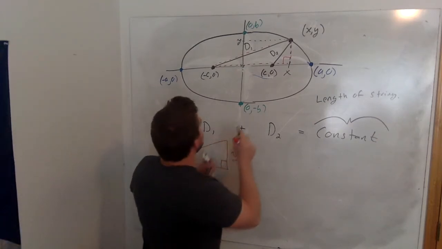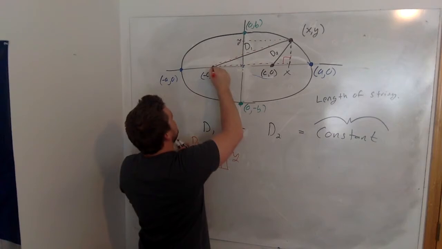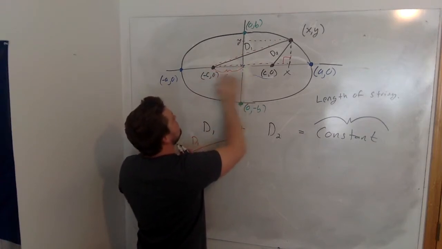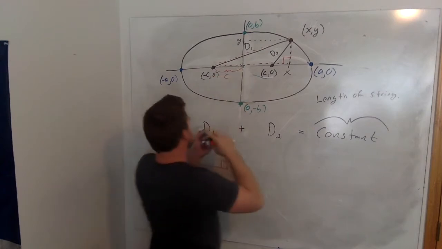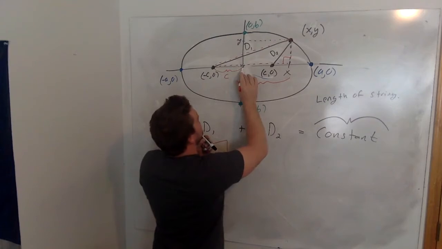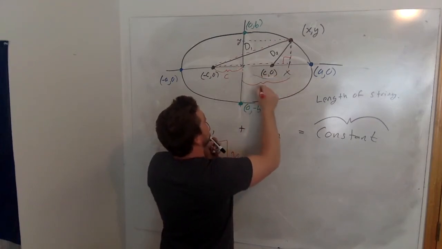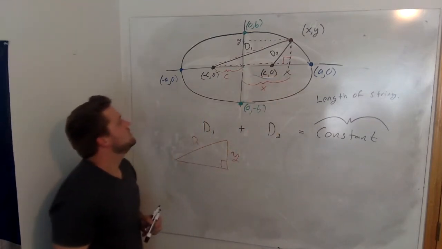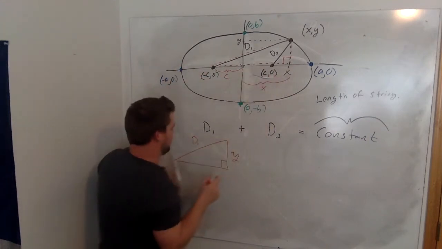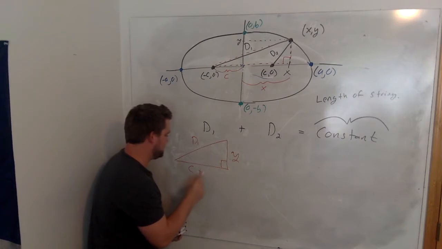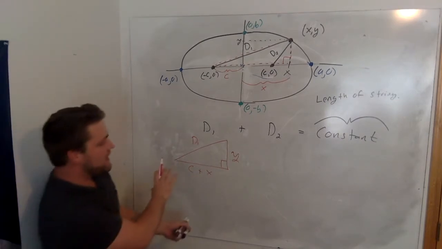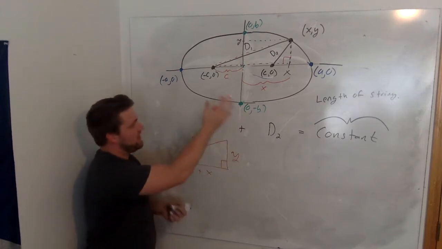Well, notice that the length from here to here has a physical length of c. But then from 0 to here has a length of x. So this physical length here must be c plus x.